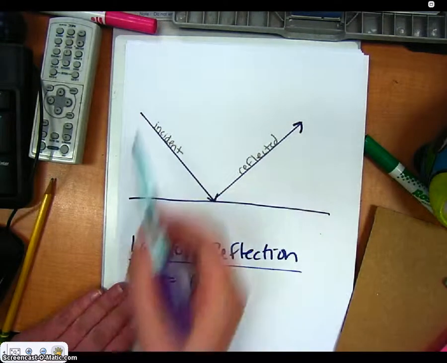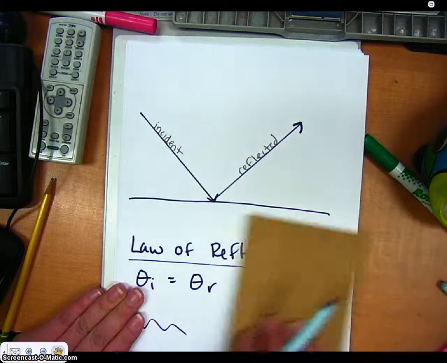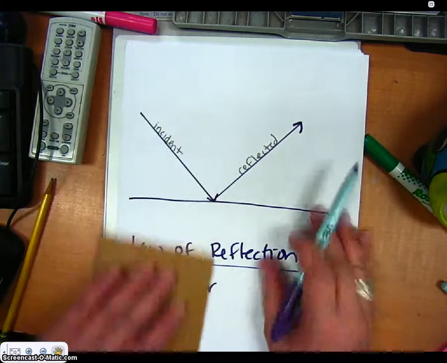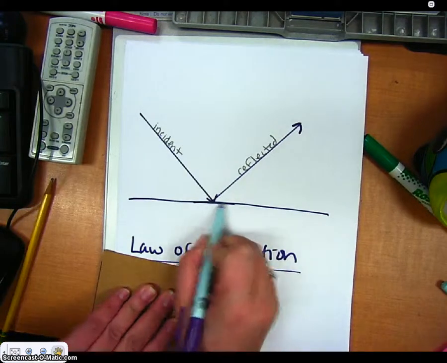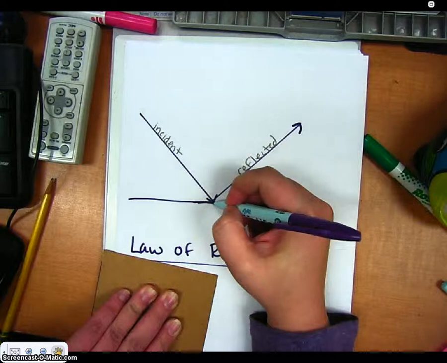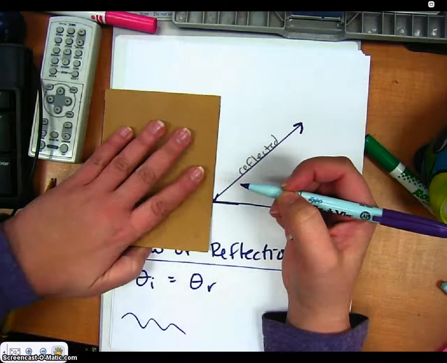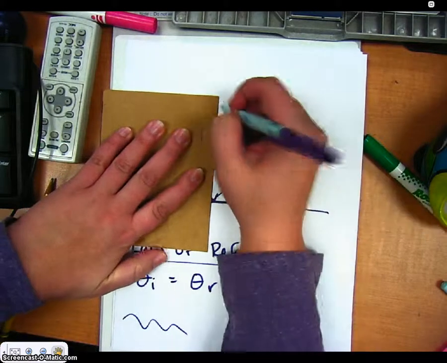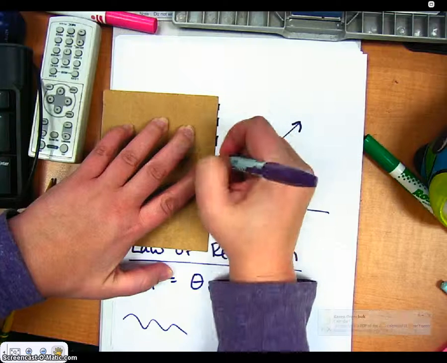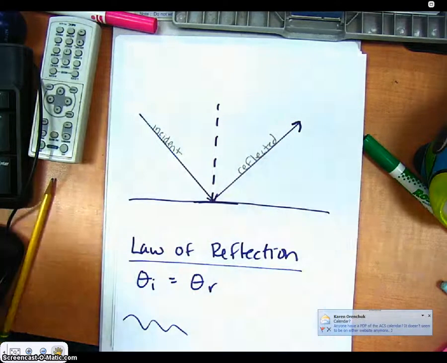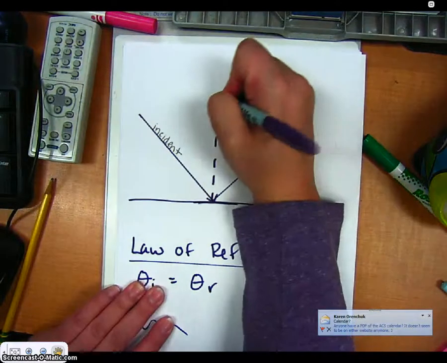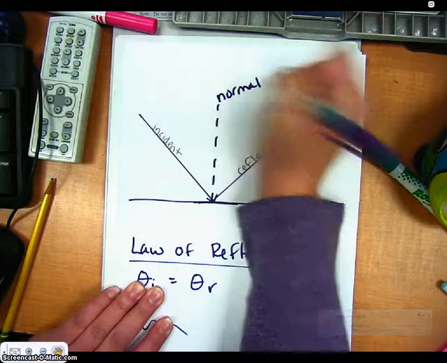Where the light ray strikes the surface, if we were to draw a line perpendicular, at a 90-degree angle, to this surface right here, put it right here, that line right there is called the normal line.